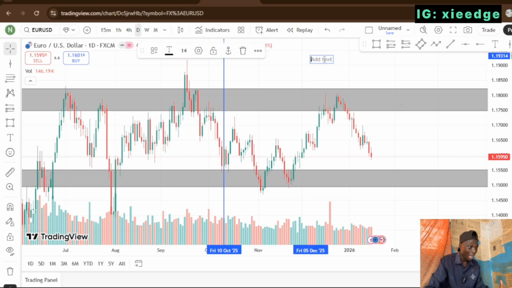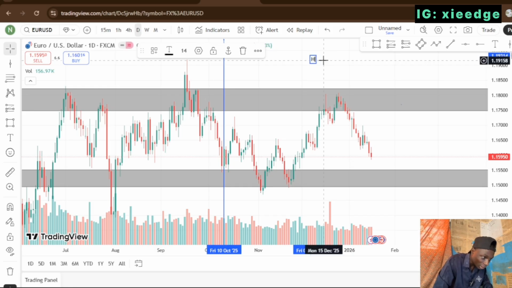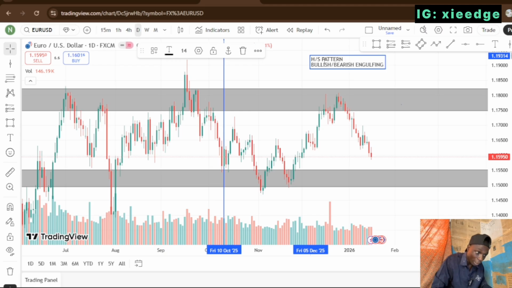The market will retrace, and the chart patterns that work most on this support and resistance strategy are, number one, head and shoulder pattern, and the next one is bullish or bearish engulfing.